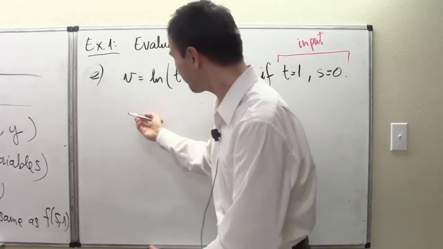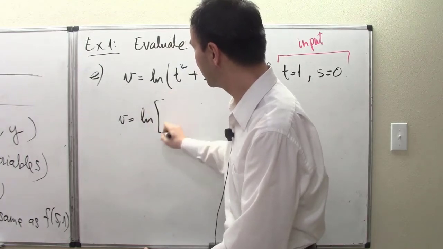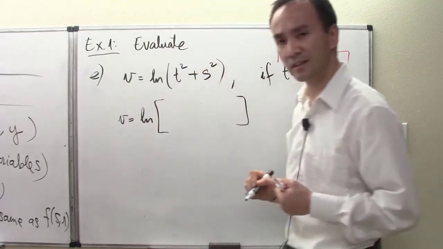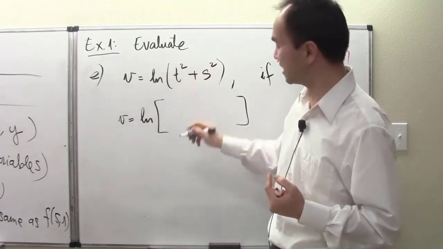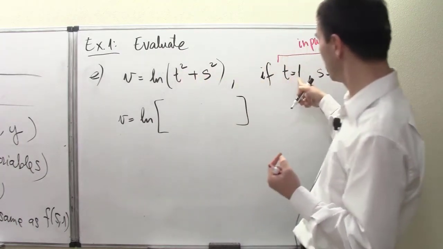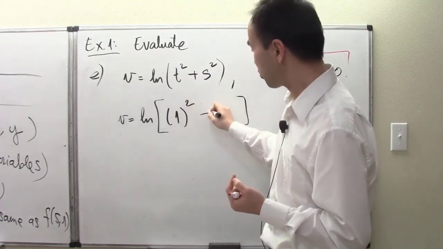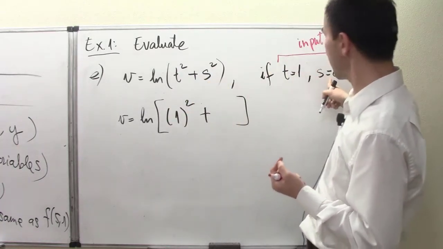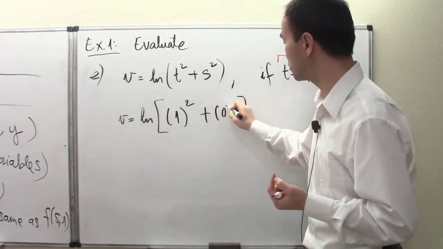V equals, I'm going to fire up a natural log operation. Inside of the log, I'm going to have the t value, which is substituted by 1. So I'm looking at 1 squared plus s squared, but s is substituted by 0. So here we're looking at 0 squared.